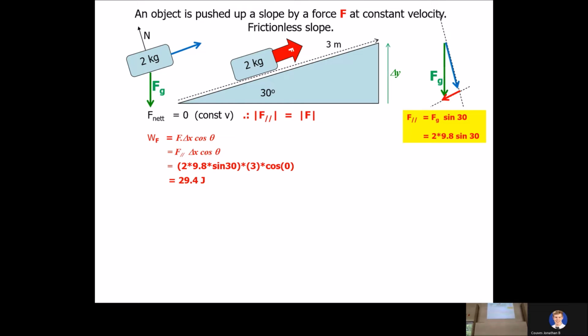And the force F is in the same direction as delta x. So the angle is 0. Don't make the mistake of using theta as 30 degrees there. The 30-degree angle is a completely different angle. That's the angle of the slope. Always remember with work, the angle you're talking about is the angle between the force you're dealing with and the displacement of the object.